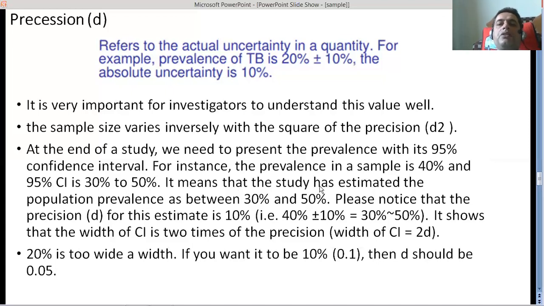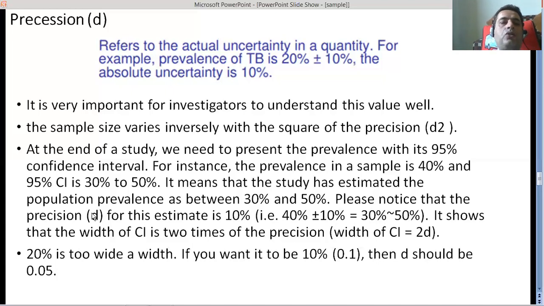It means that the study has estimated the population prevalence is between 30% and 50%. And please notice that the precision D for this estimation is 10%. 40% plus or minus 10% equals 30% to 50%. It means 40 plus 10, 50. 40 minus 10 would be 30.